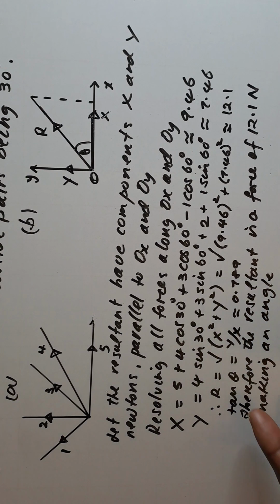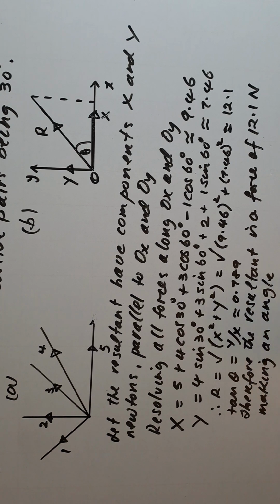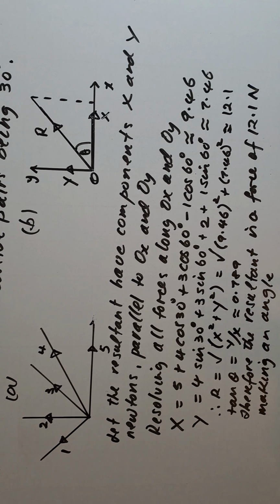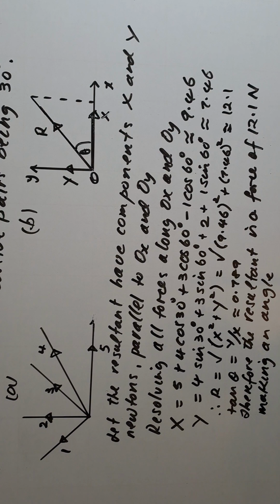So all we did is take the tan inverse of 0.789, which gives us 38.3 degrees.